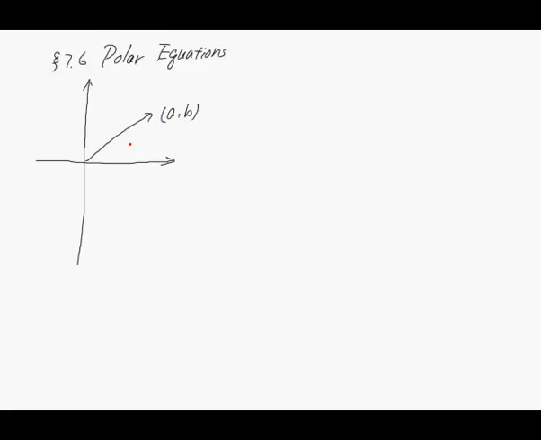And we talk about the polar equations. Suppose we have the position vector in a rectangular plane, and the terminal point of this position vector is (A, B), and the direction angle is theta.